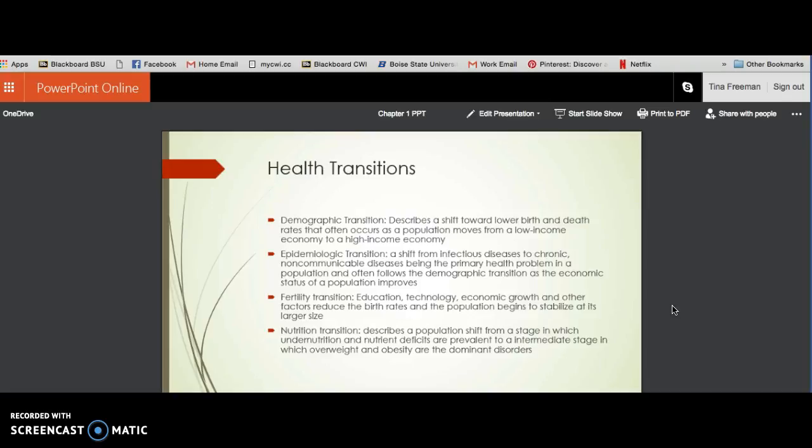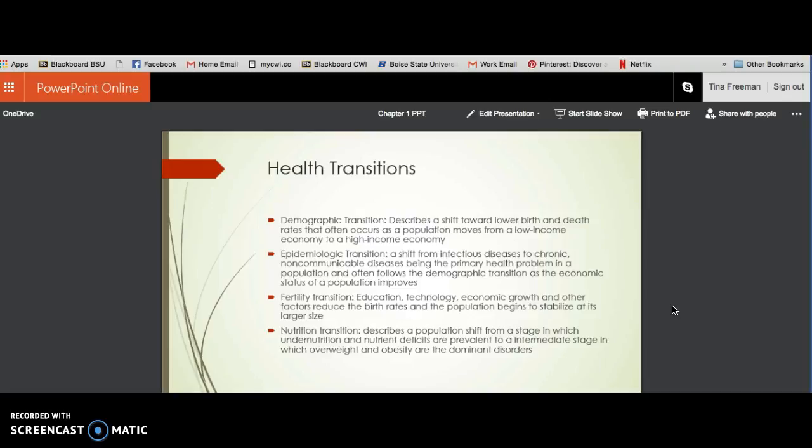Then we have the epidemiologic transition. This is a shift from infectious diseases to chronic non-communicable diseases, very much like what we're seeing in the United States. We're not seeing such a high incidence of infectious diseases.